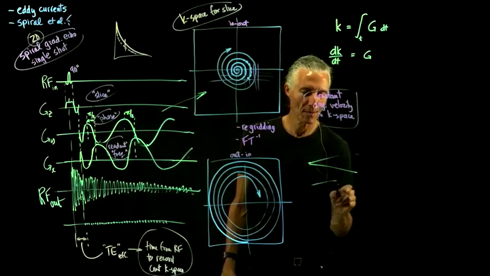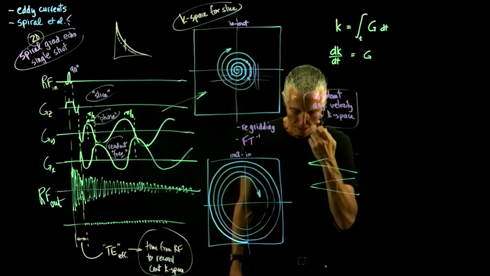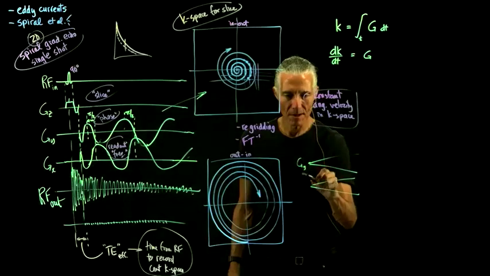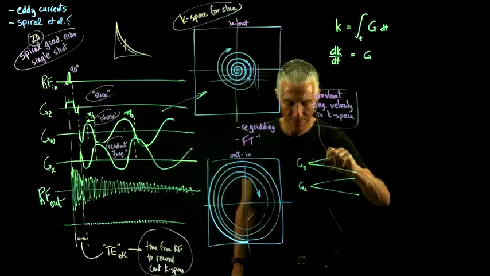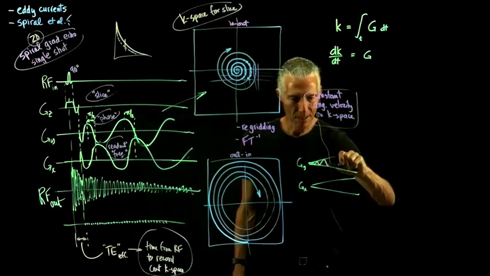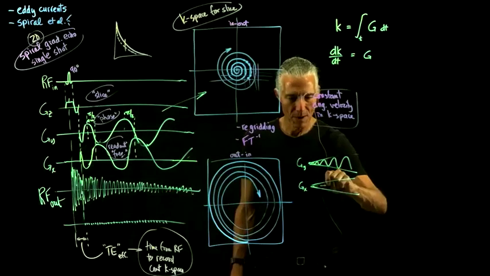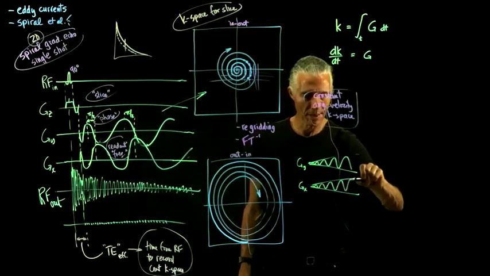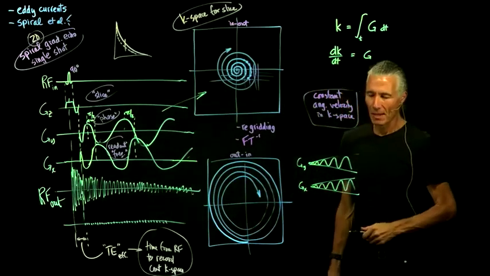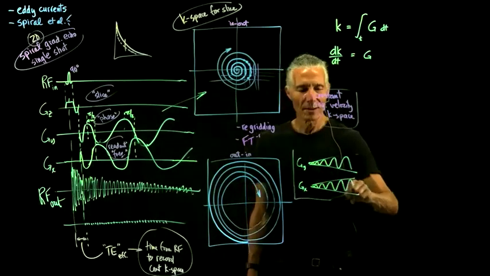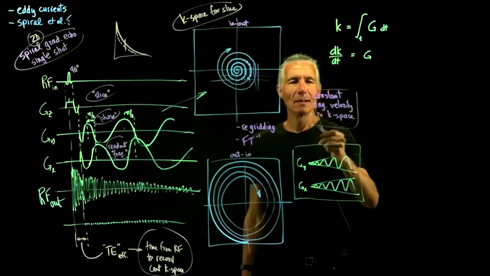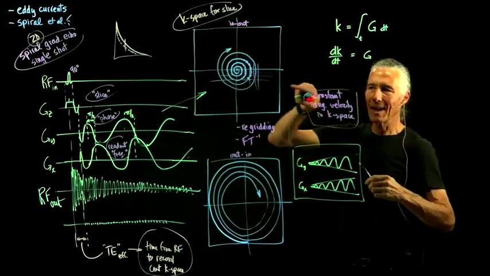So here's G_y, G_x. You need something like that. One will look like a cosine, the other one will be a sine, and that will basically take you through k-space with a constant angular velocity.